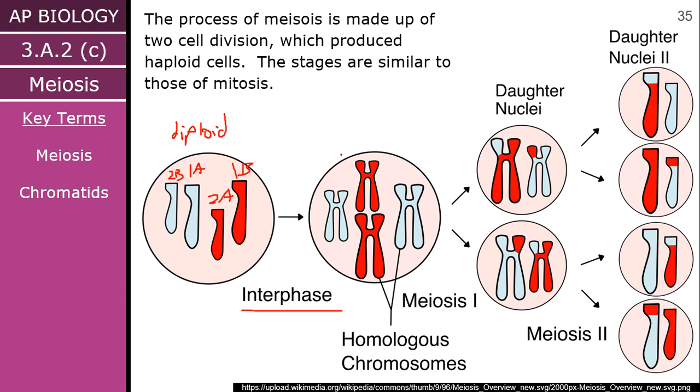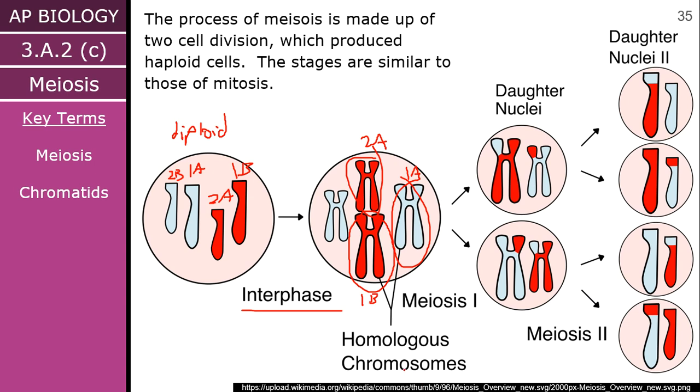And then we are going to now have some larger chromosomes. They're still chromosomes. So this whole thing right here is still 1B. This whole thing right here is still 1A. This is 2A, etc. Even though it's made up of two sister chromatids, the whole thing combined is one chromosome. Okay?